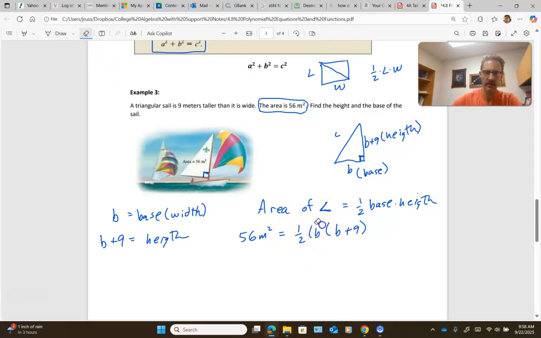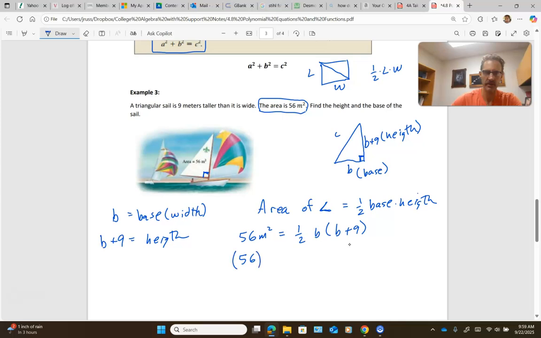Actually, I'm going to take that first factor of b out of parentheses. We don't need it in parentheses. So if I were to try to solve this, first thing I might do, guys, is try to eliminate this fraction 1/2 by multiplying both sides by 2. I'll just recopy this. And I'm going to throw this unit away here. We can think about what units need to apply here in a minute.